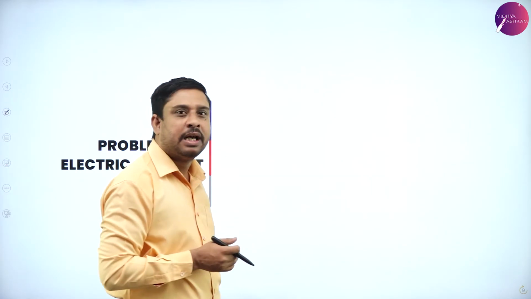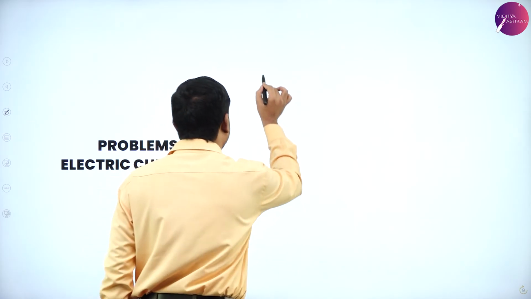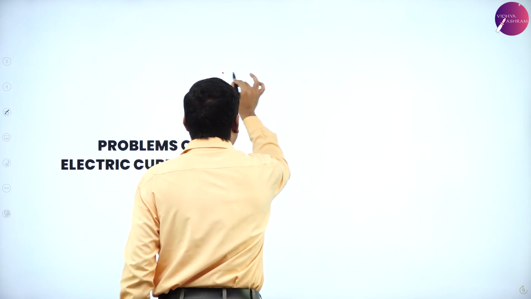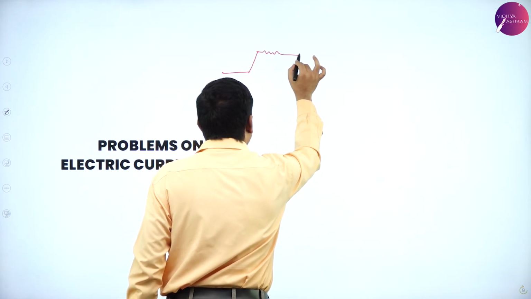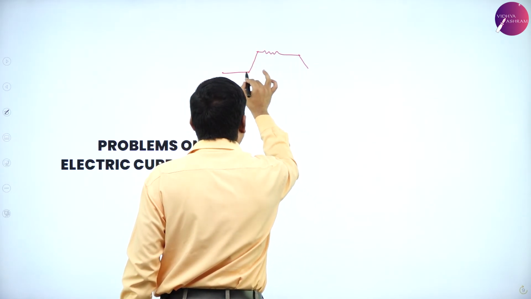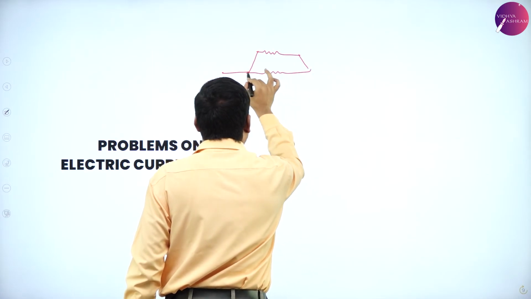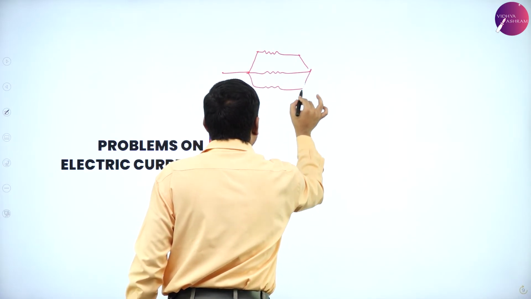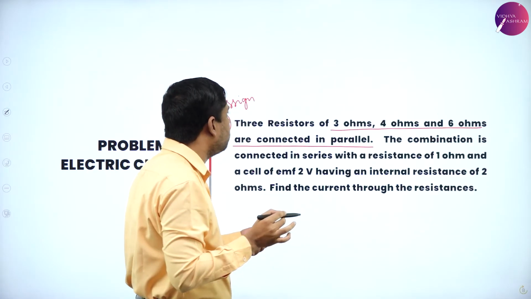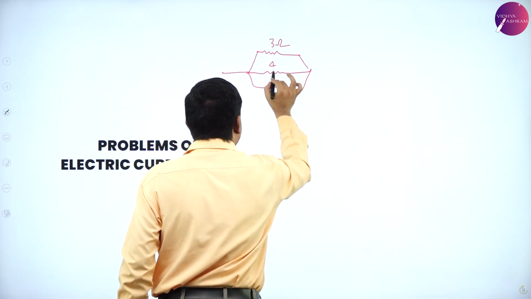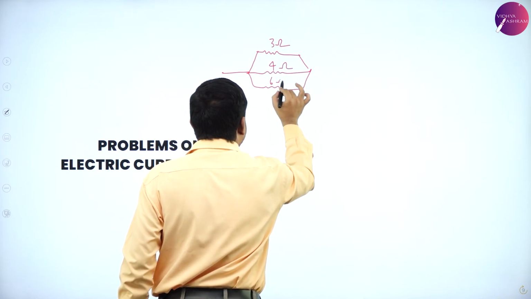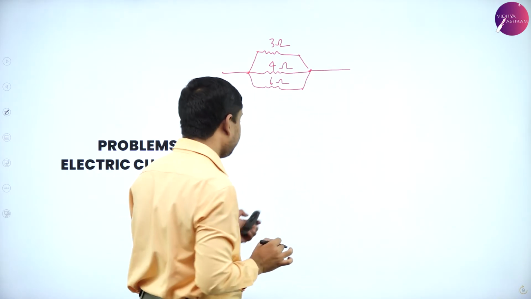So first, I will draw this circuit. So there are 3 resistors. So this is 3 ohms, 4 ohms and 6 ohms.